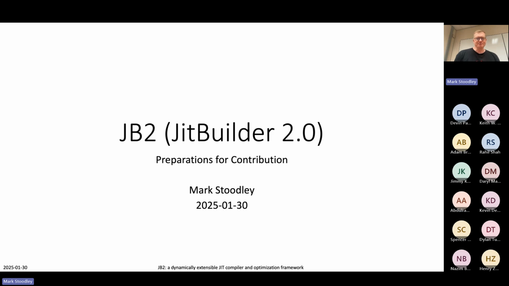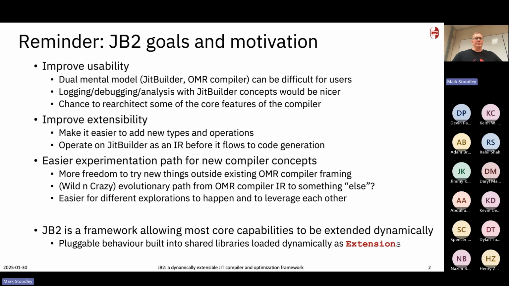So just as a quick reminder for everyone, this is a slide I put up at the beginning of basically every JB2 presentation that I've done. Goals and motivation for the JB2 compiler. It's an evolution of the JitBuilder API that exists in OMR. And there are three main paths of things that I was trying to improve with JB2.